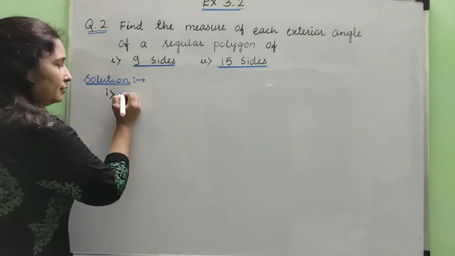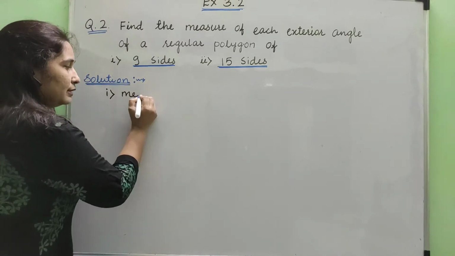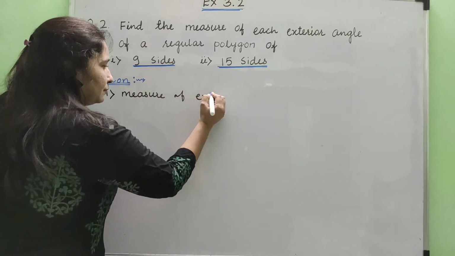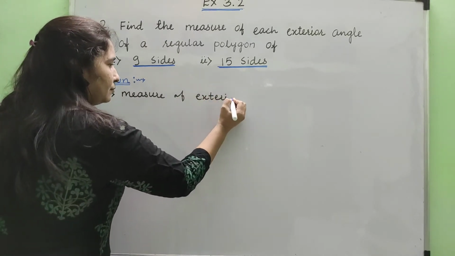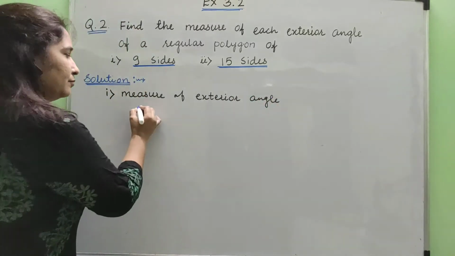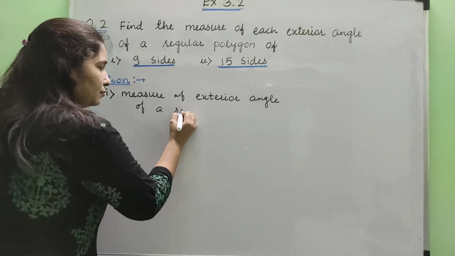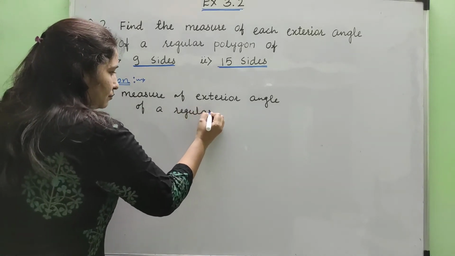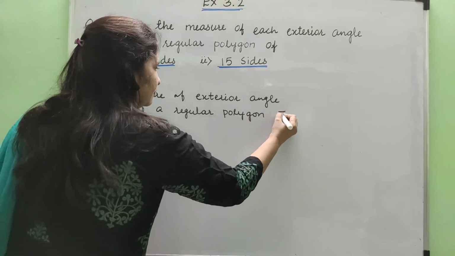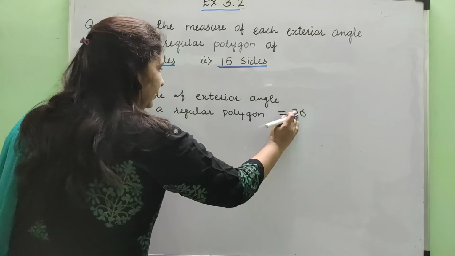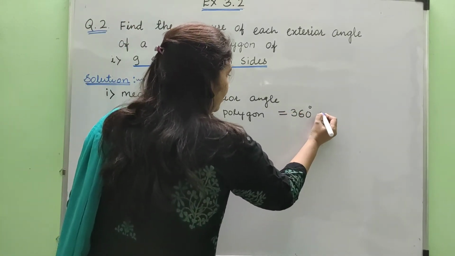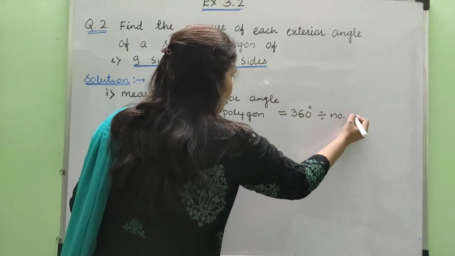So first we will write the formula: measure of exterior angle of a regular polygon is equal to 360 degrees divided by number of sides.